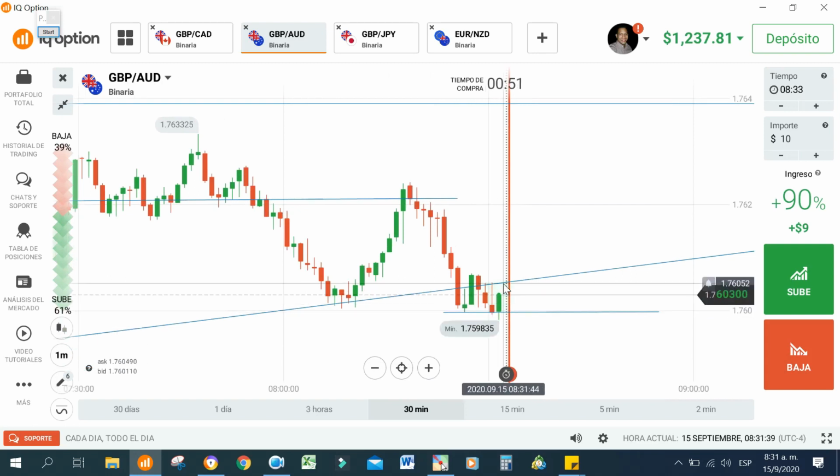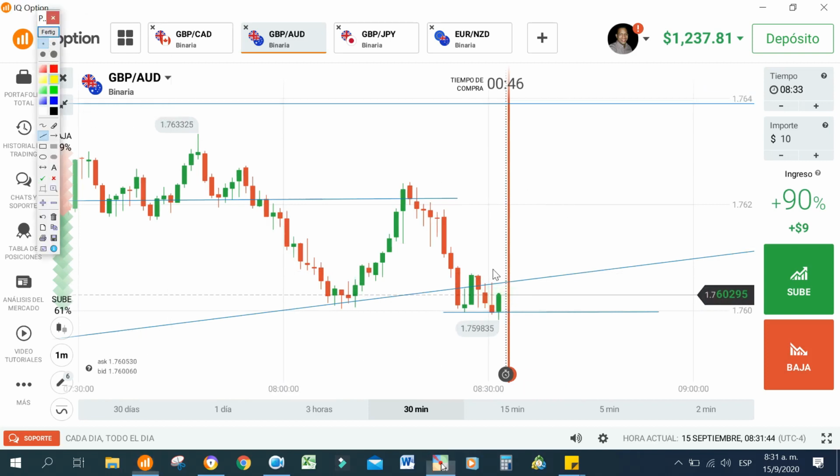So guys, as I told you before, if the price closes above this level, or below this level, I will make an entry. If it closes below this level, I would put a put option. I will sell. If it closes above this level, I will make a call option.